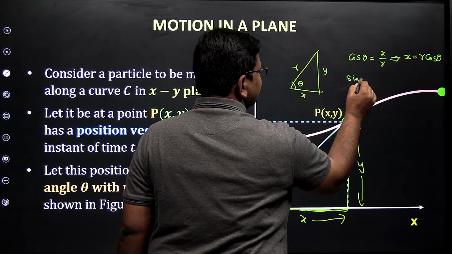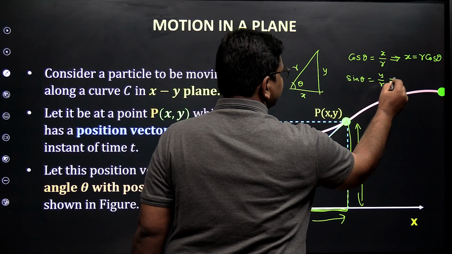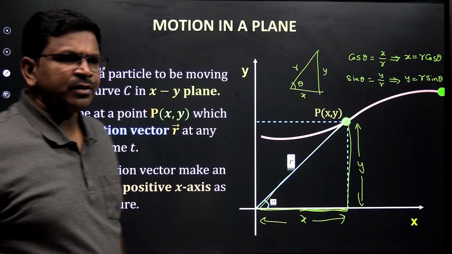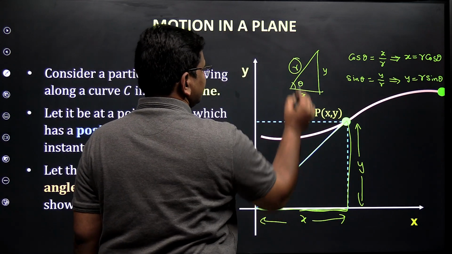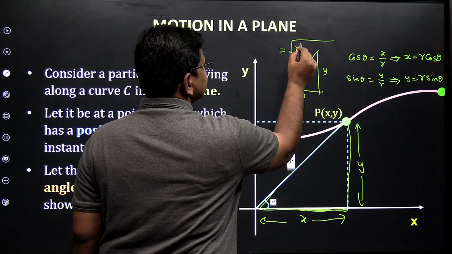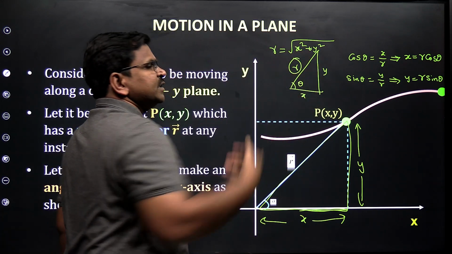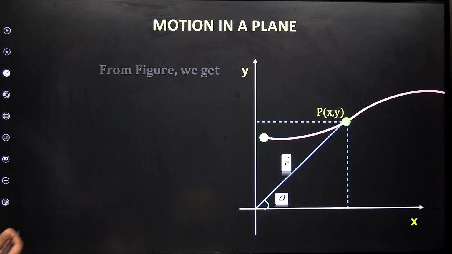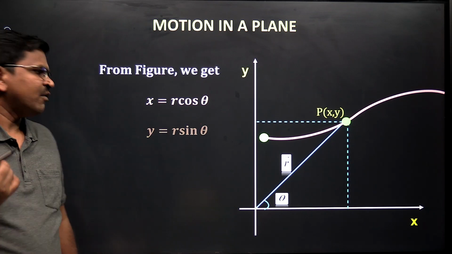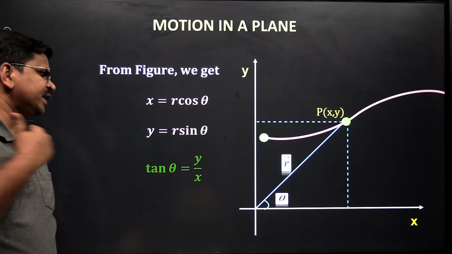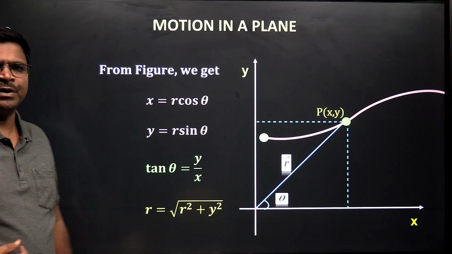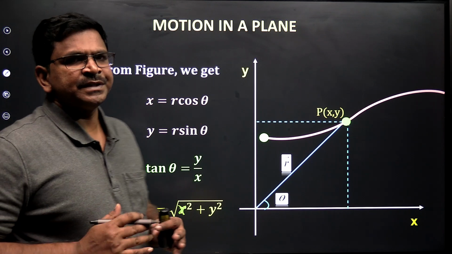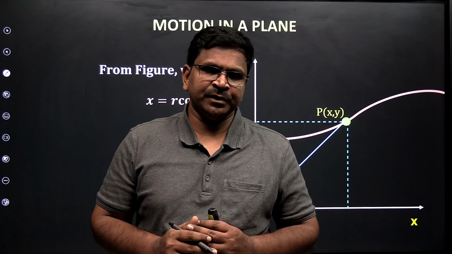Similarly, sin theta equals y by r, which gives y equal to r sin theta. And according to the Pythagoras theorem, r equals the square root of x square plus y square. So these are the important results: x equal to r cos theta, y equal to r sin theta, tan theta equal to y by x, and r equal to square root of x square plus y square. This is the basic setup regarding the position of an object.